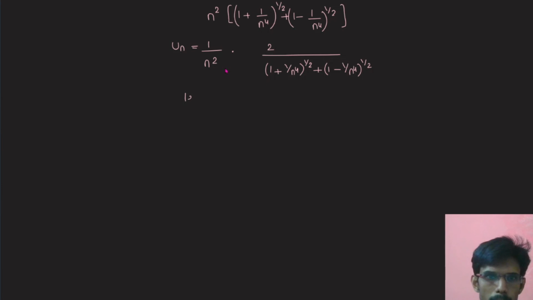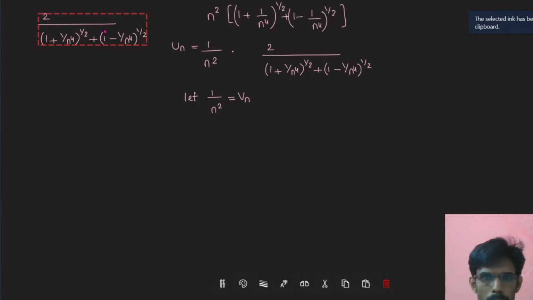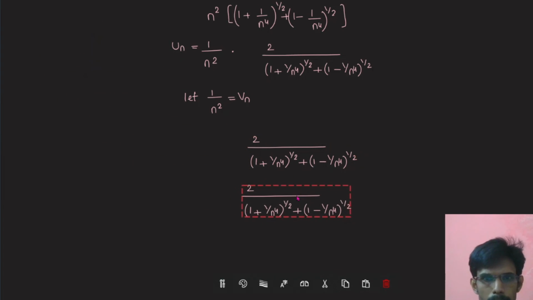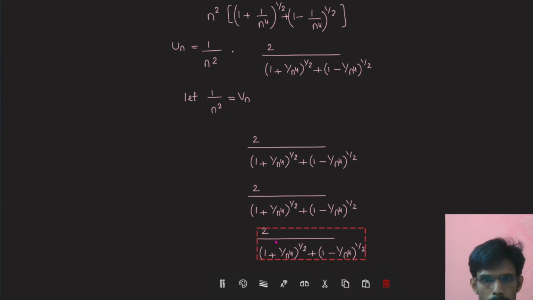Now take this 1 by n square as Vn. Then we have this term. Now Un is equal to Vn into this.